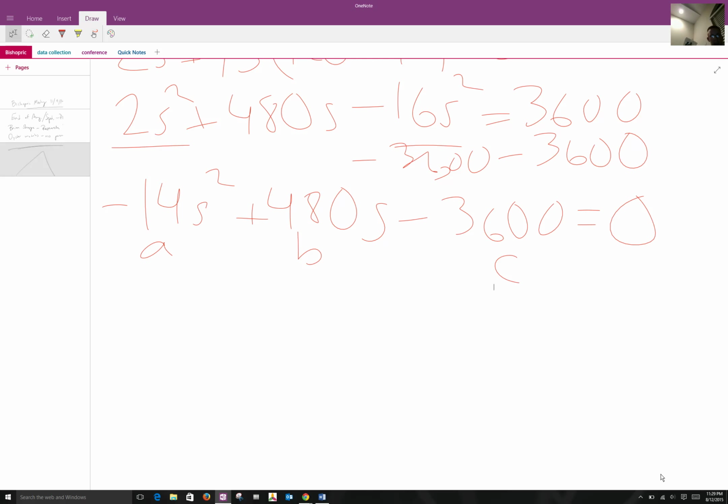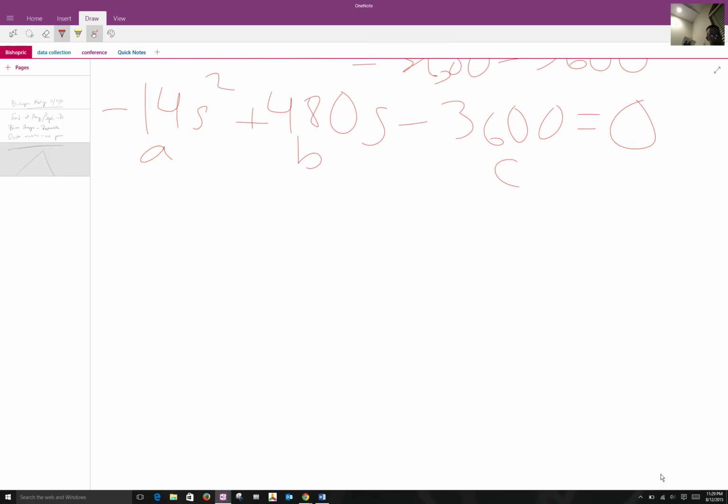So x equals, or in this case, s is equal to negative b plus or minus the square root of b squared minus 4ac all over 2a. So let's go ahead and substitute our coefficients in for those letters.